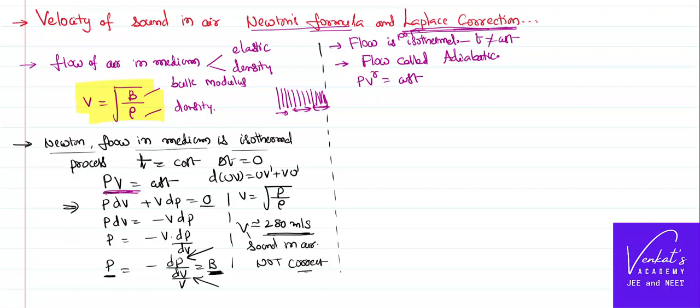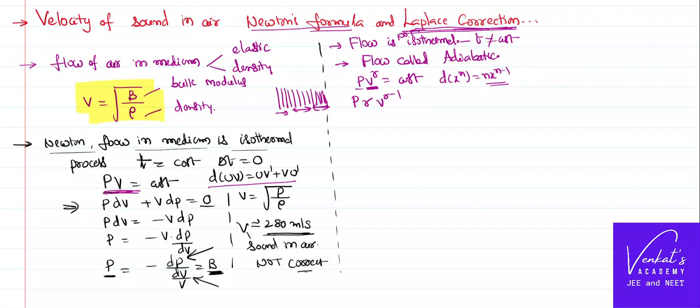If I differentiate this further, differentiation of UV formula, like I said, U into differentiation of V. Differentiation of x power n equal to n into x power n minus 1 is the formula. So differentiation of V power gamma is gamma into V power gamma minus 1.